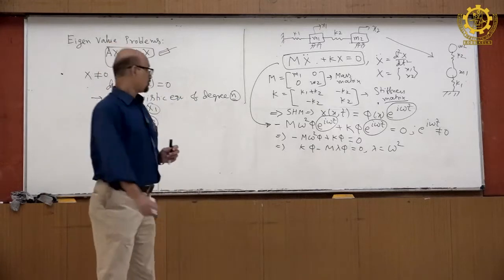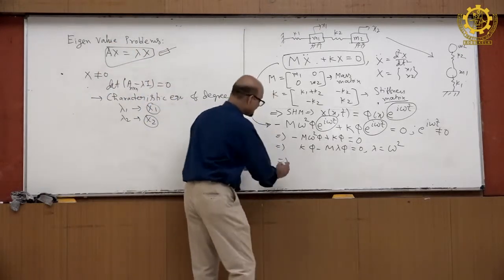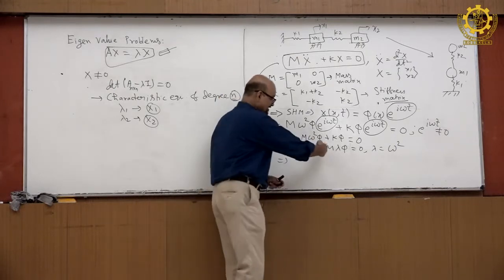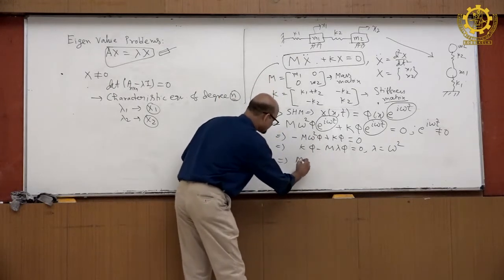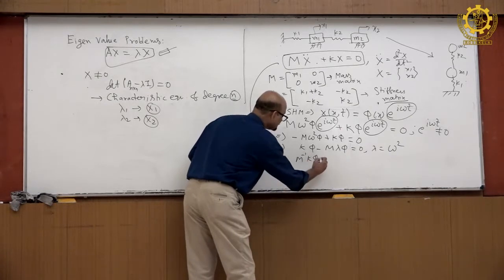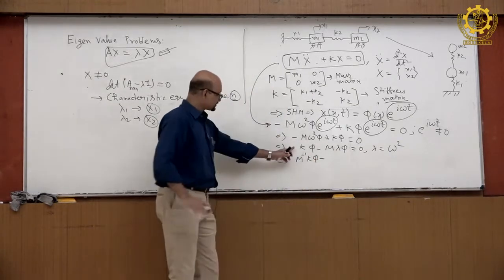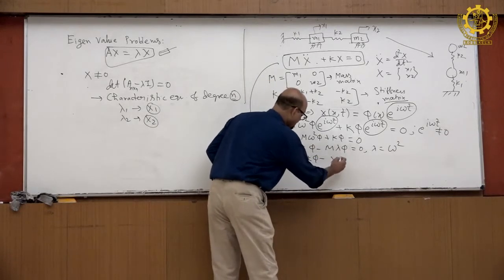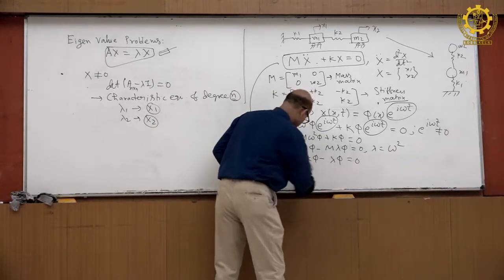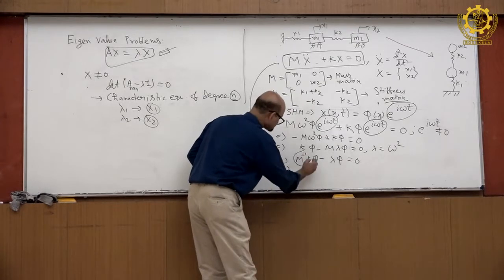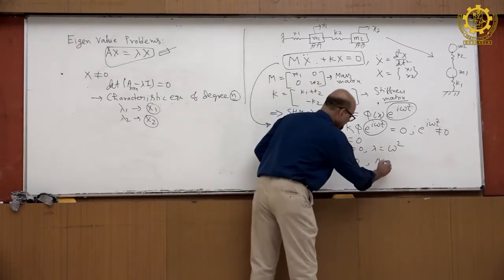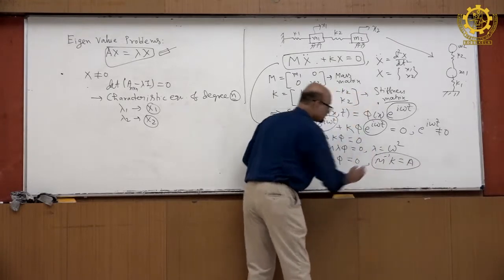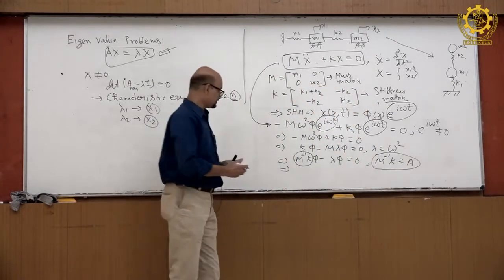fine. We assume that m can be inverse, means we can take the inverse of m. So, what I will get? M inverse k phi, I am multiplying from the left the m inverse. So, this will be what? Lambda I phi or lambda phi is equal to 0. Now, m inverse k, if I assume a matrix A, so what I will get?